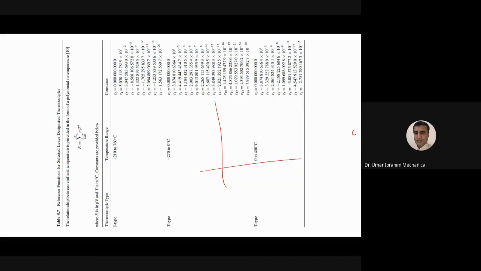Now for a J type thermocouple, the equation for the calibration curve is a simple formula: the voltage output of a thermocouple is equal to the summation of Ci Ti, where i is equal to 1 up to n.